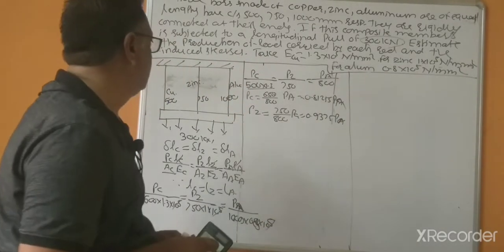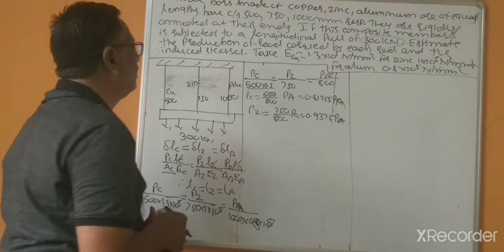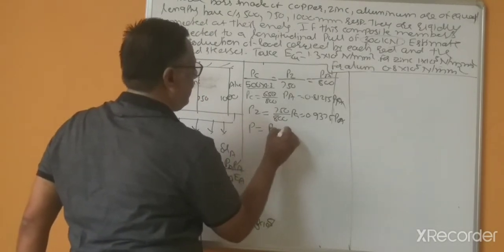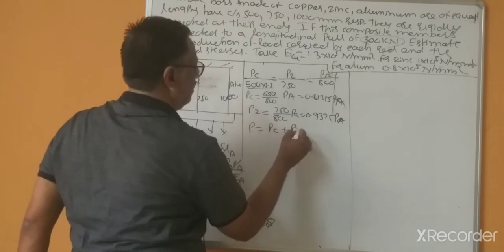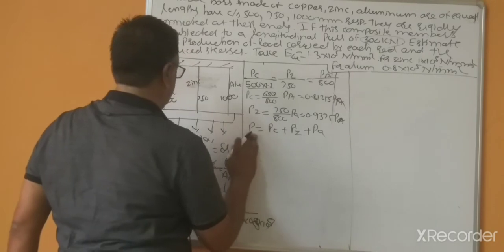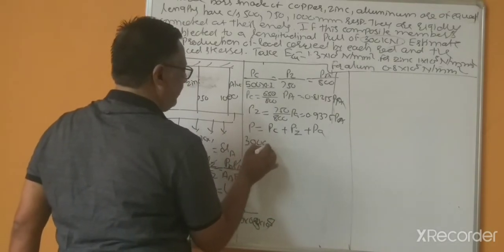Now what can we do? Total load shared by the copper wire, zinc wire and aluminium wire. So the total load is 300 kilonewtons.